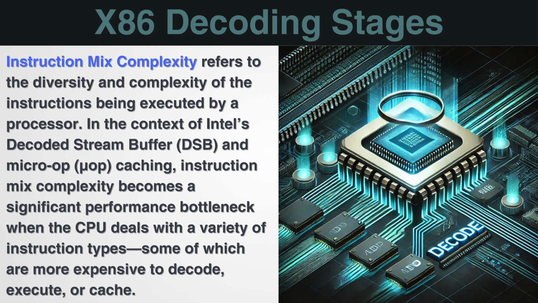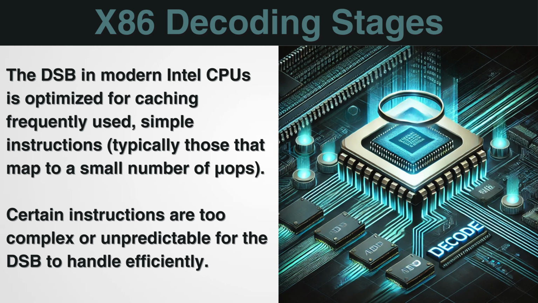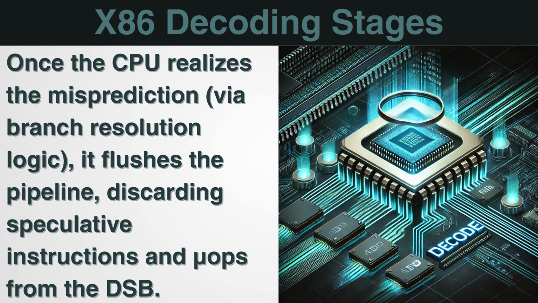And there's instruction mix complexity, because the DSB is optimized for simple, repetitive instruction patterns like loops. Irregular instruction sequences, or complex CISC instructions, might bypass DSB caching, forcing full decode cycles. And there are branch mispredictions, where the DSB aligns micro-ops along predicted execution paths, but if the branch predictor fails, micro-ops become invalid and the CPU pipeline stalls.